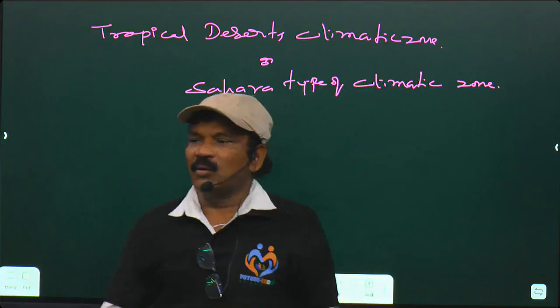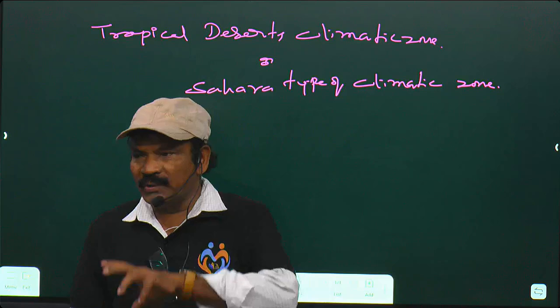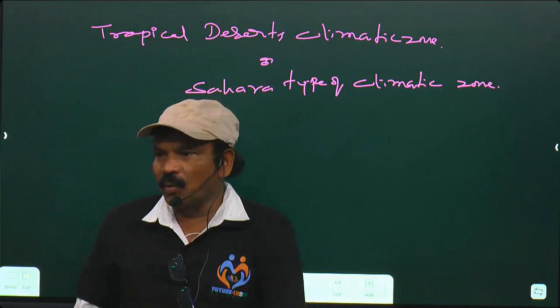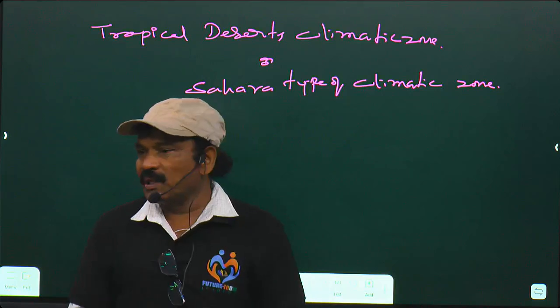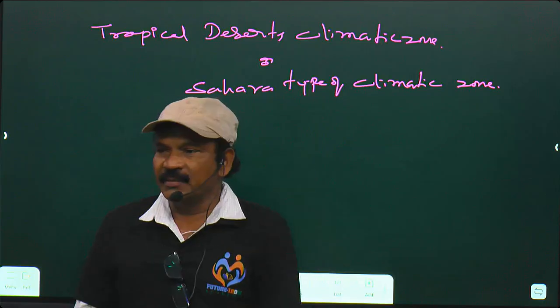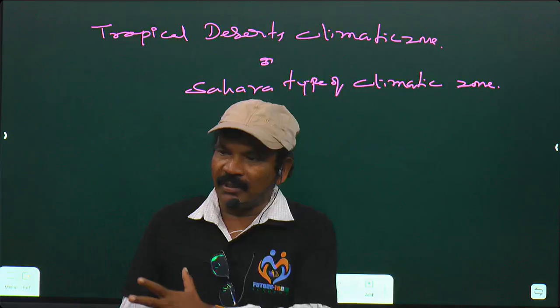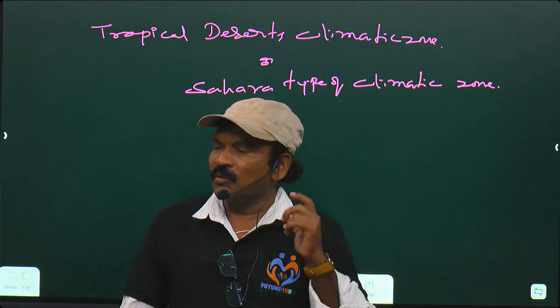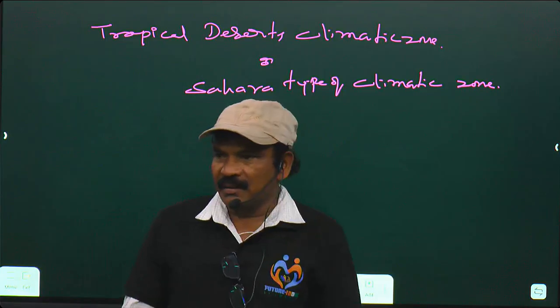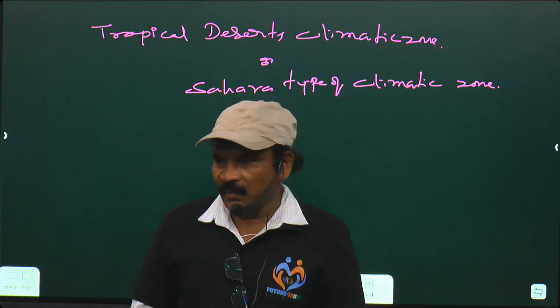Why? Because throughout the year thick forest grows, since sufficient rainfall and precipitation are there. Tropic means temperature, ever means forever green. Throughout the year the forests are green. It is also called the selva climatic zone.